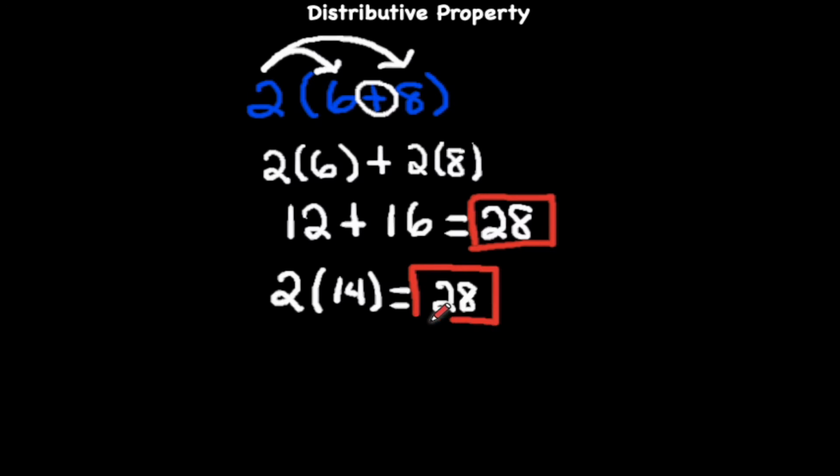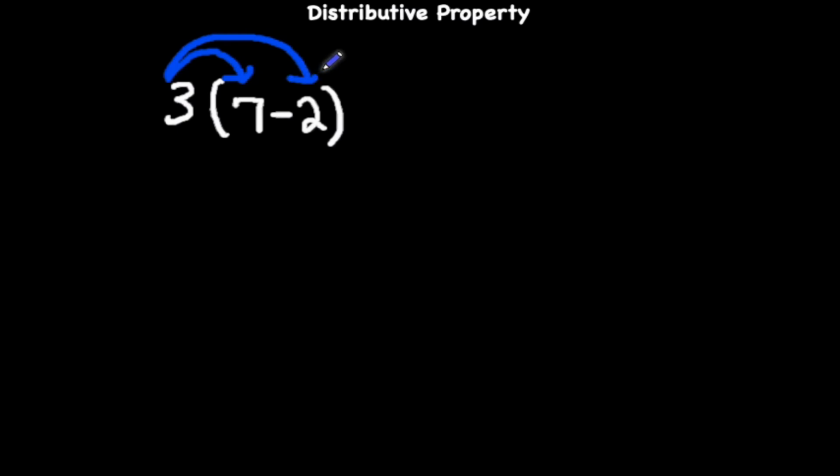Now, I'm also going to say that this also works with subtraction, okay? So let's go ahead and look at a subtraction expression. Let's say that you're given something like 3 times (7 minus 2). Okay, so what we're going to do is distribute the 3 to the 7 as well as to the 2.